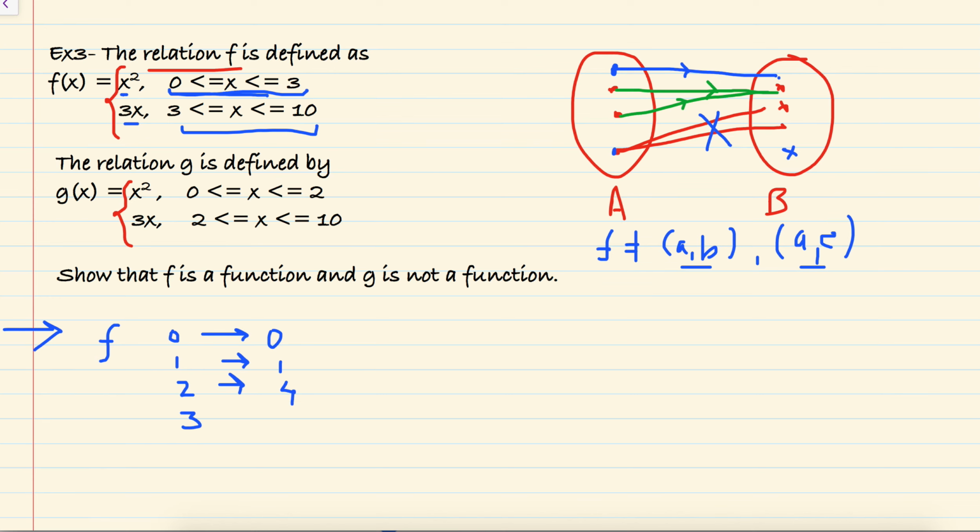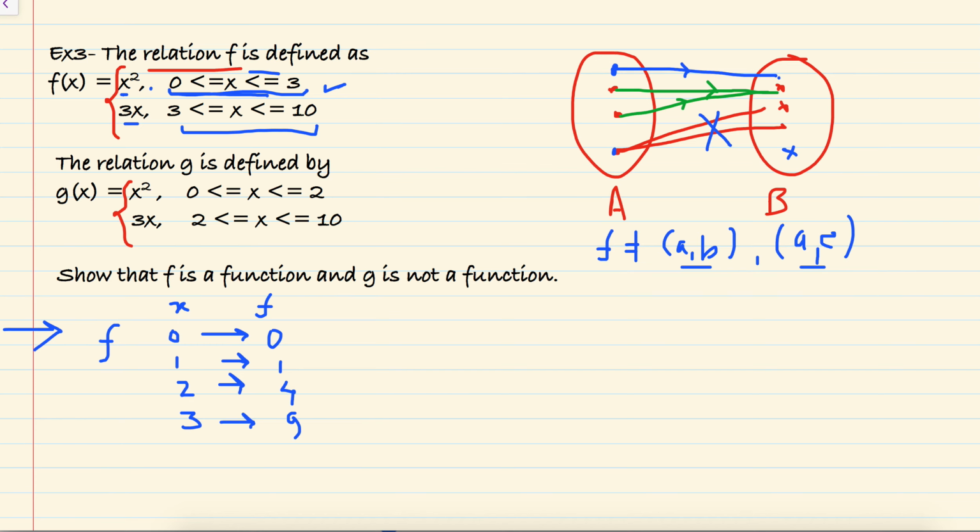For 3, so 3 is included in this range. So x is less than or equal to 3. So from this formula x square, it will be 9.